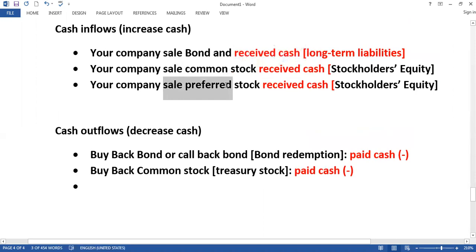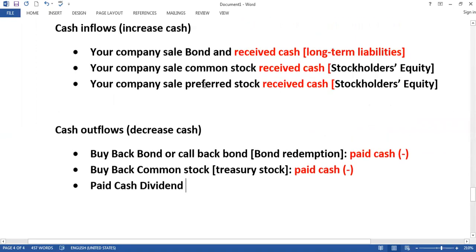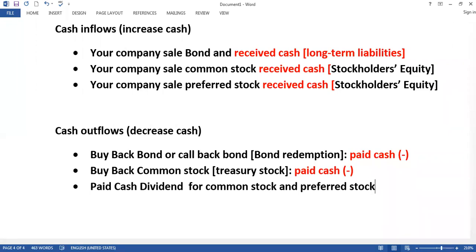But in return, you have to pay cash dividends for common stock and preferred stock, right?